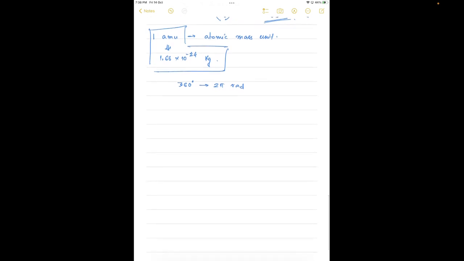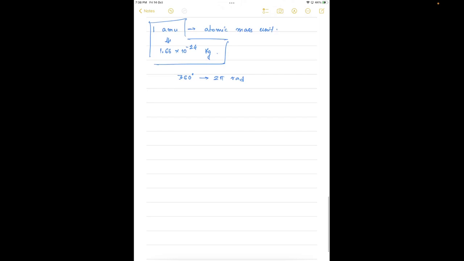Now the most important unit conversion is actually in spectroscopy. Often in questions the spectroscopic signal of different bonds or different molecules is expressed in centimeter inverse unit.